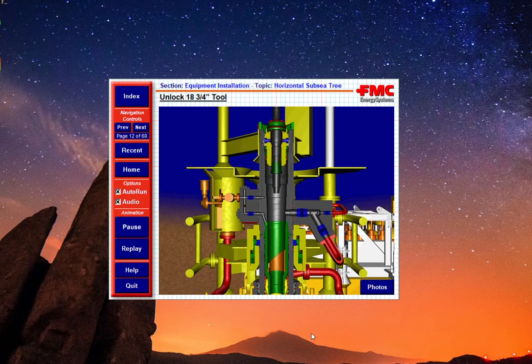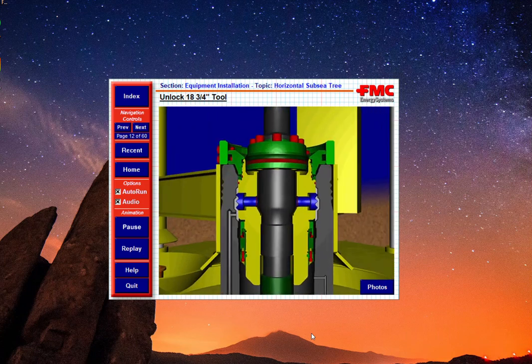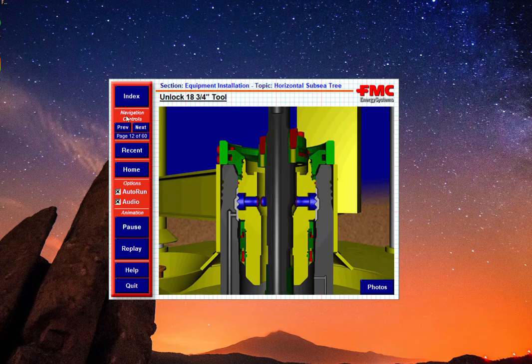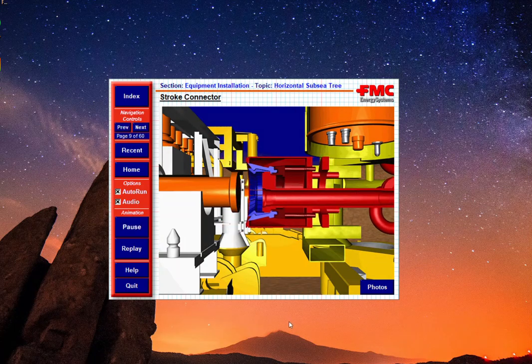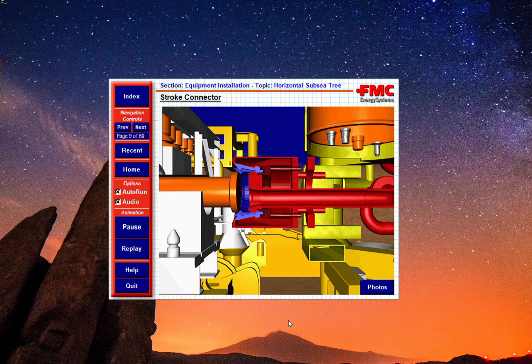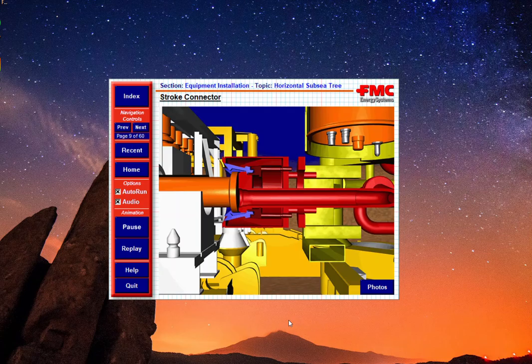The last step of the installation sequence of the horizontal tree is to remove the 18 3/4 inch. Basically, that was probably skipped. The connectors. Yeah, here it is. You see the connector. How it is run, it's a hydraulic function that you do, and then it kind of grabs around, and it has to be, yeah, it's a low tolerance thing.